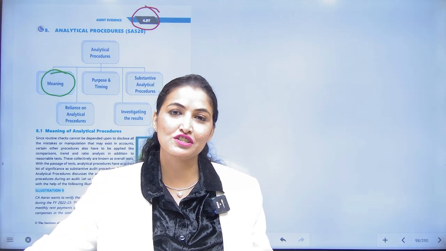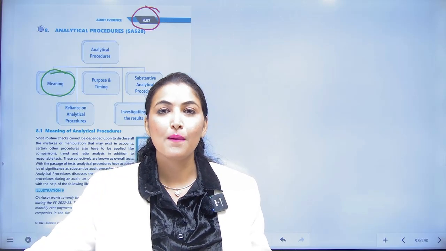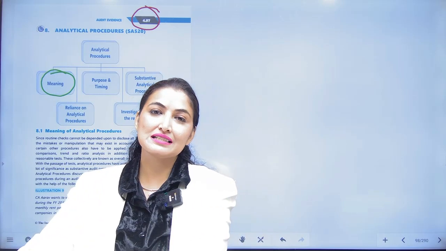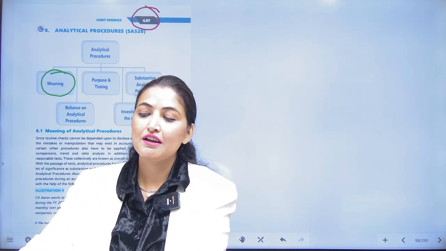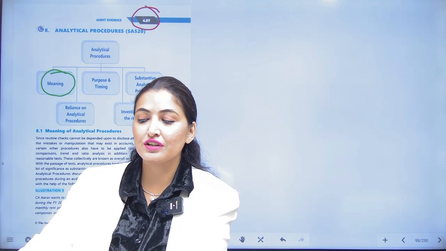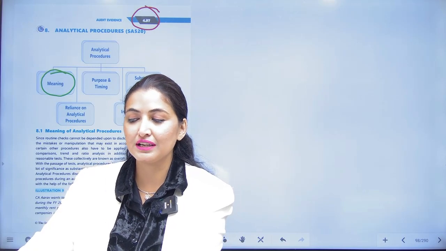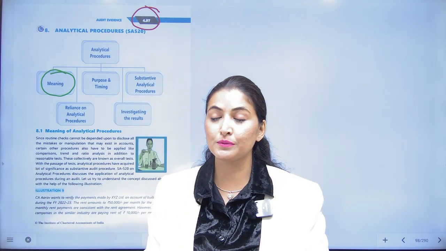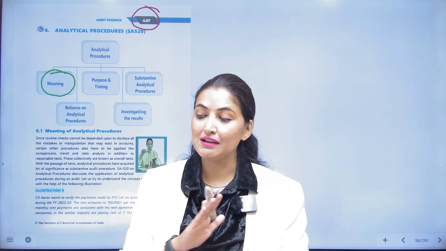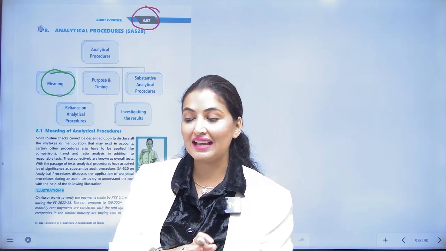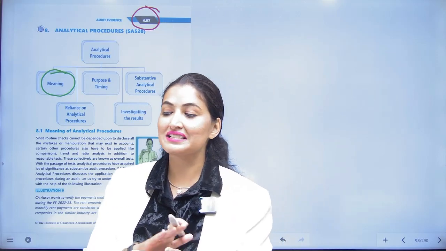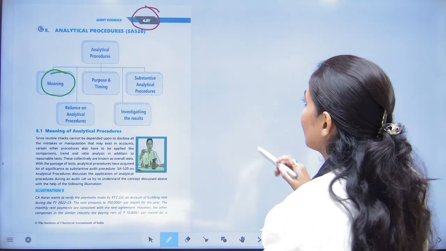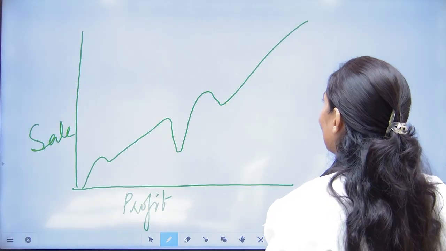Such information that you can believe is called a plausible relationship. So there is a definition of substantive analytical procedure which says that if you try to establish a relationship between the financial information and non-financial information by evaluation of the financial information, then it is called substantive analytical procedure. This is called analytical procedure. I'll take you to page number 4.98.